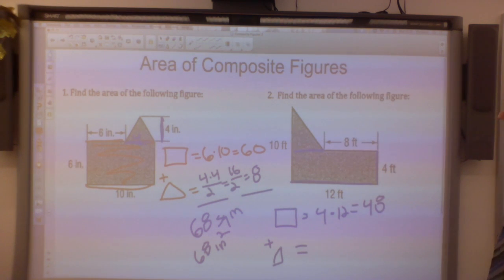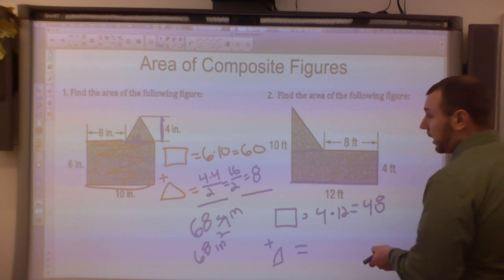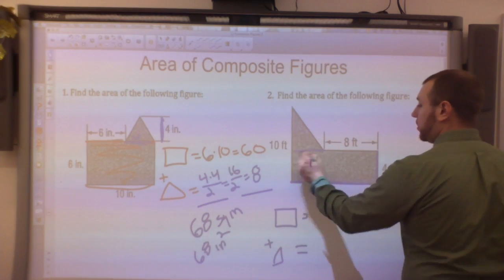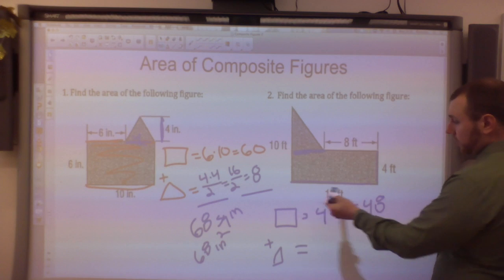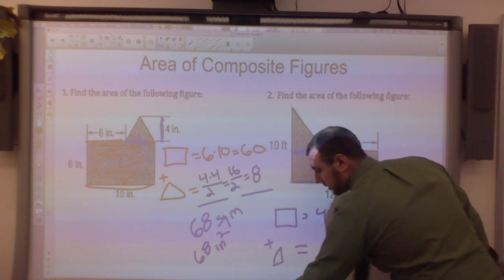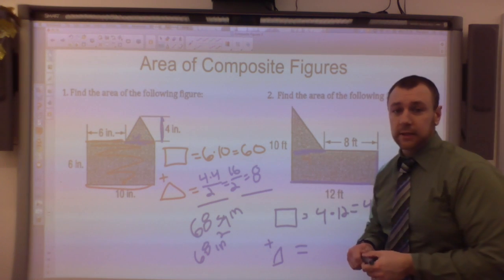The problem is now I have to find my base and my height. Well, I can use the same process here to find my base. So this blue line up here, well, if this whole length is 12 and this section is 8, what's left over is 4, because those are my horizontal pieces.